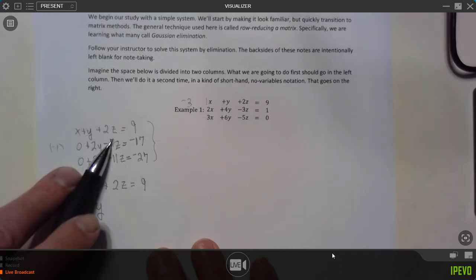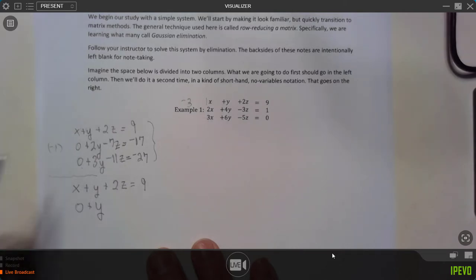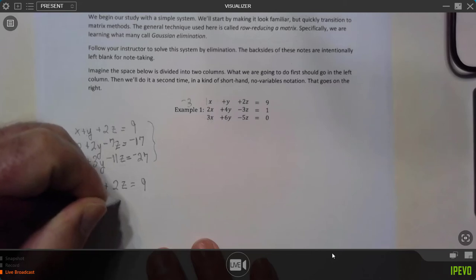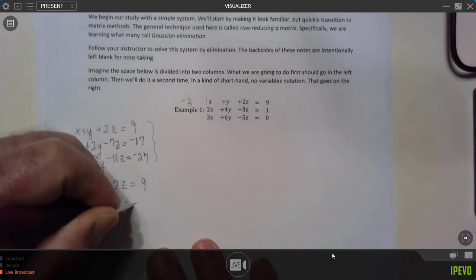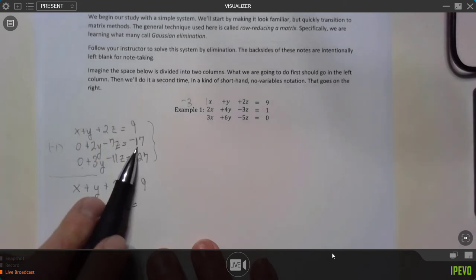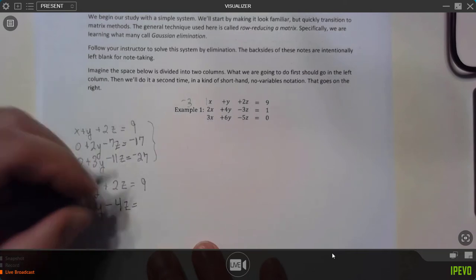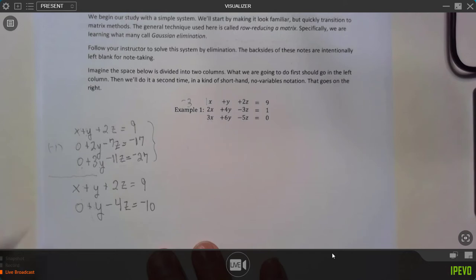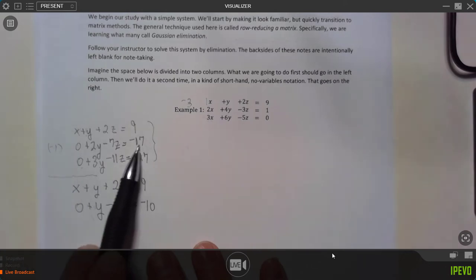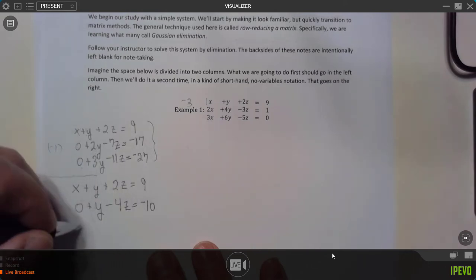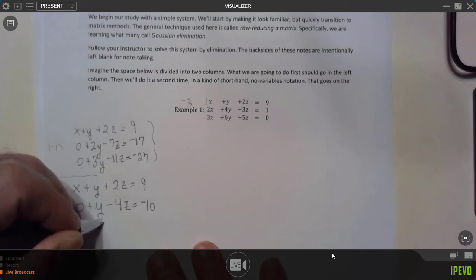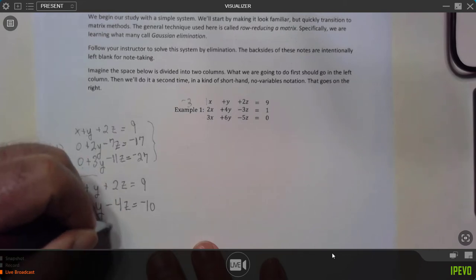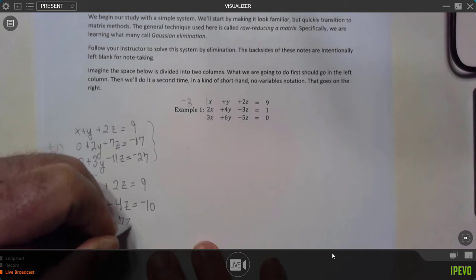Then 7z minus 11z is minus 4z. And let's see, plus 17 minus 27 will be minus 10. Goes here. And then this equation we're not really changing, but I am going to write it in the third row rather than in the second.